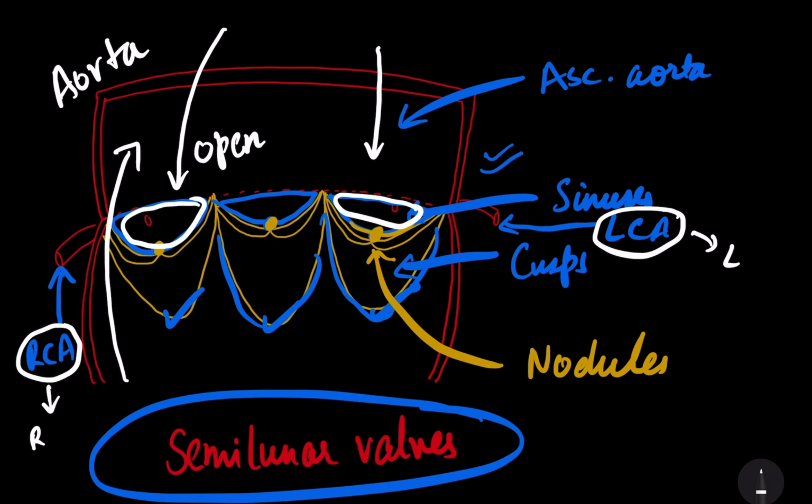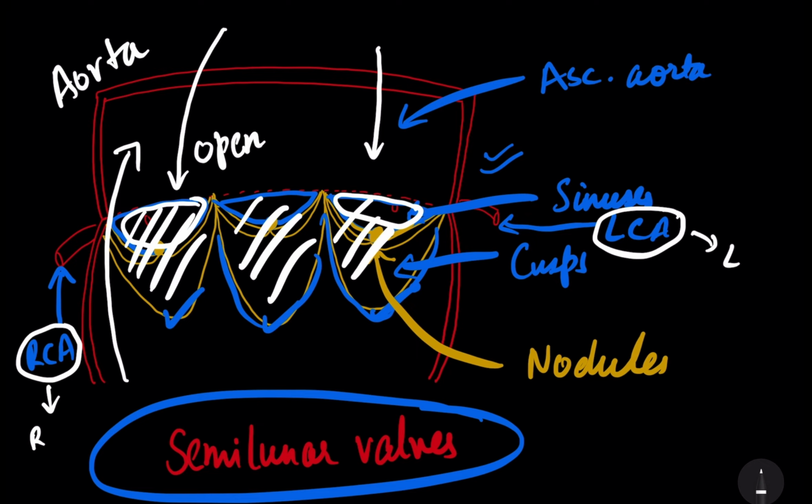So these sinuses are now blood filled. Now, as we know, the origins of the right and left coronary arteries are from the sinuses. The blood from them drains into the right coronary artery and the left coronary artery, and that is how the heart receives its blood supply.